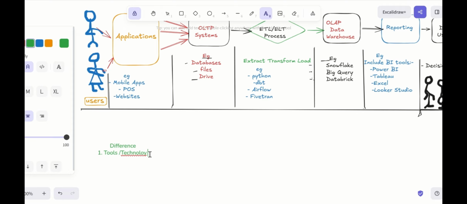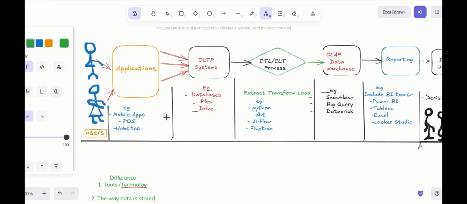And then the second difference is the way data is stored. The way data is stored in this OLTP system is not the same as the data stored in the OLAP system.